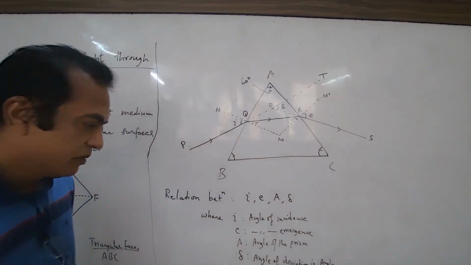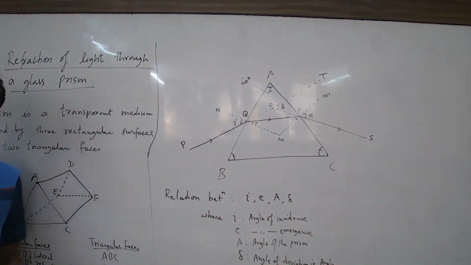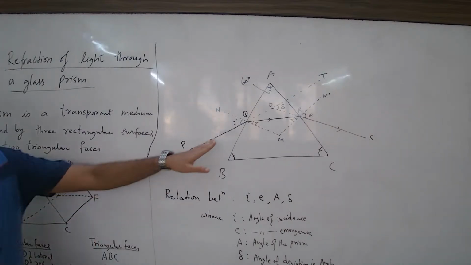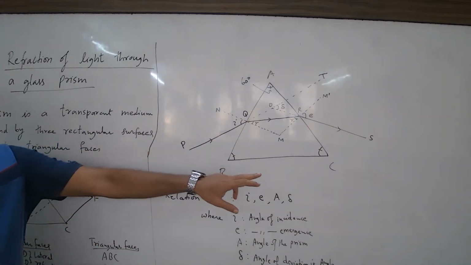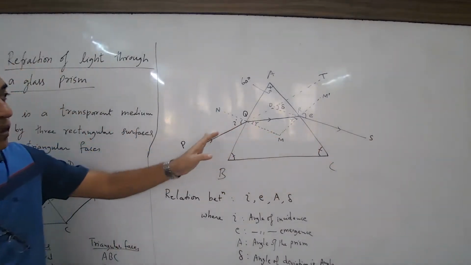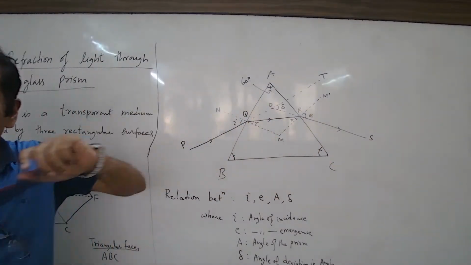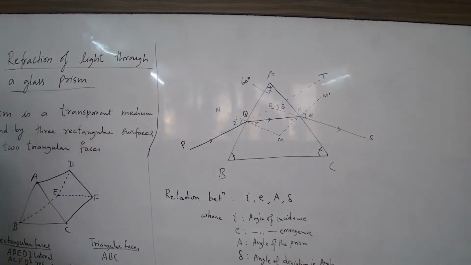What was the angle of deviation in the case of a rectangular glass slab? Was there any deviation? No deviation, because the rays were parallel, right? Here is the deviation. So when the emergent ray is in a different direction from the incident ray. Now, you missed that first class, right?